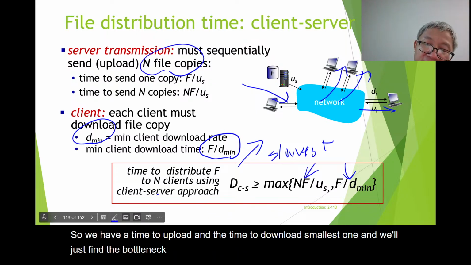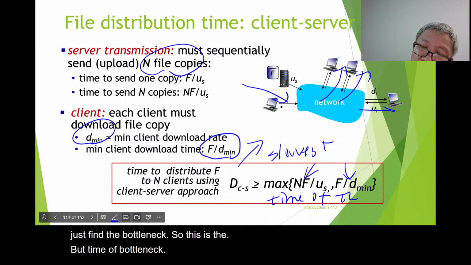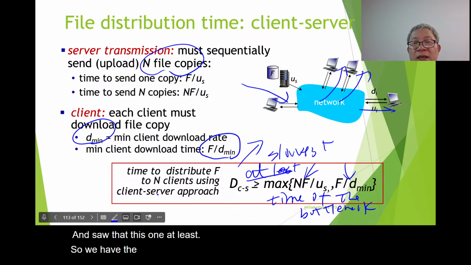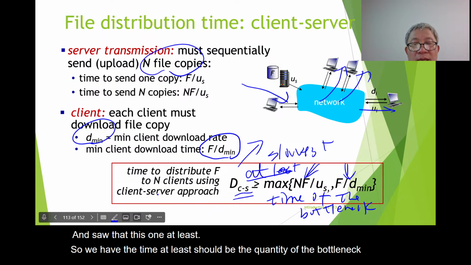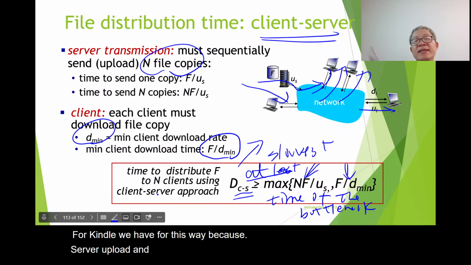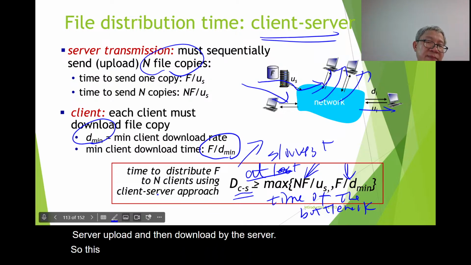So this is the time of a bottleneck, and the time should be at least the quantity of the bottleneck. So for client-server mode, we have this, because the server uploads and then the clients download. So this is the first time.